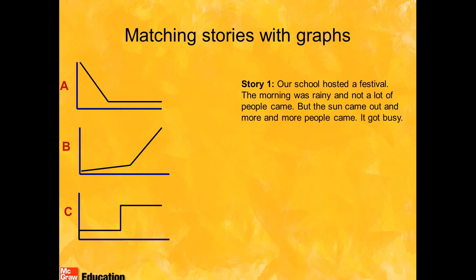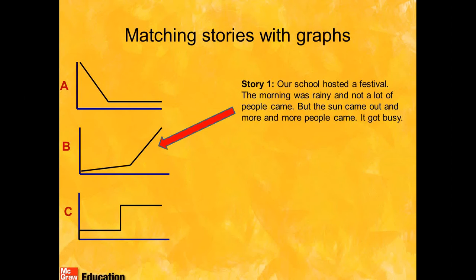Here's the first one. Our school hosted a festival. The morning was rainy, and not a lot of people came. But the sun came out, and more people came. It got busy. What graph there represents that kind of story? Is it A, B, or C?